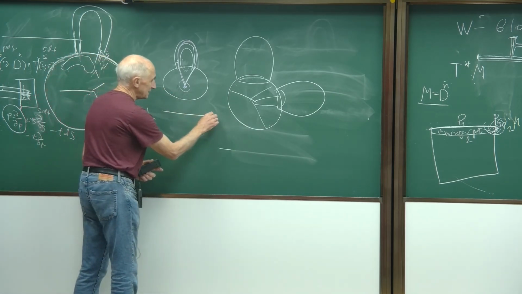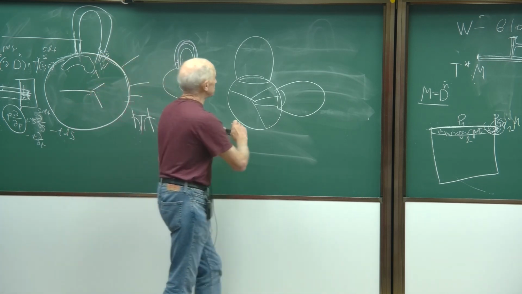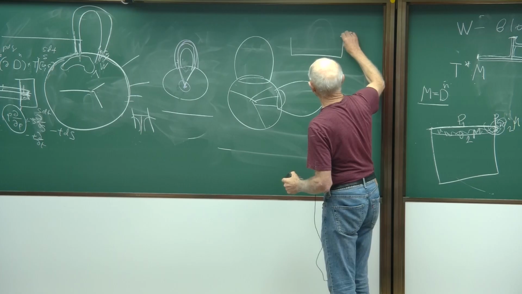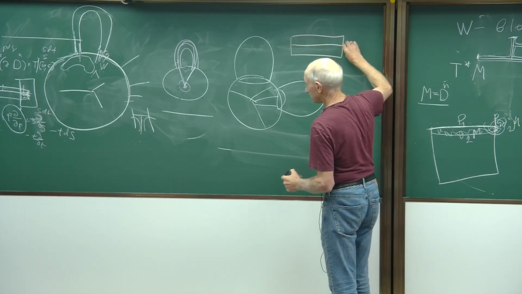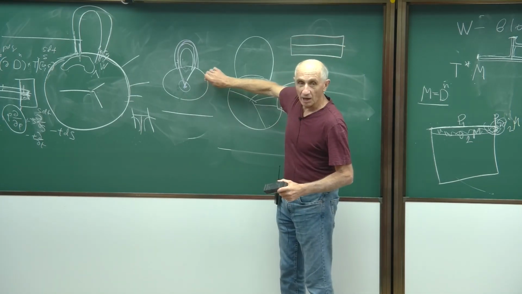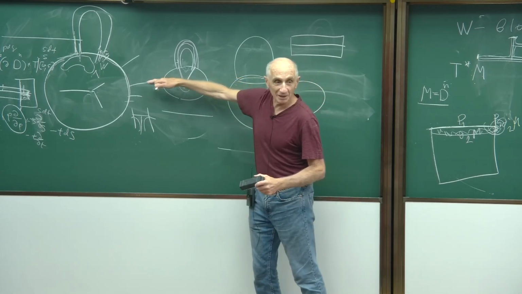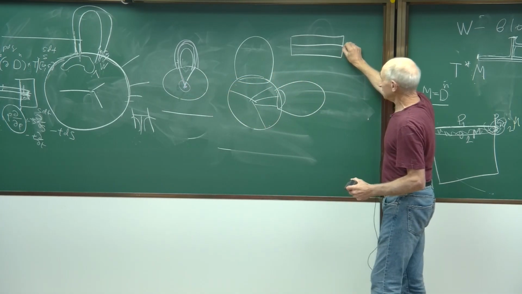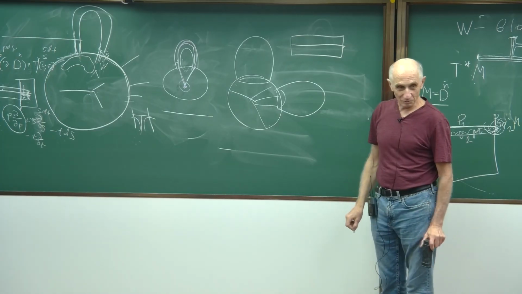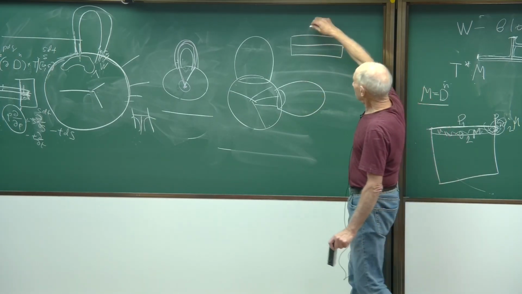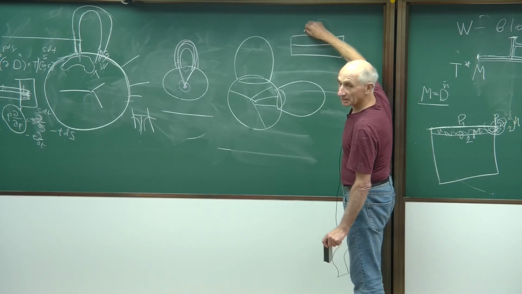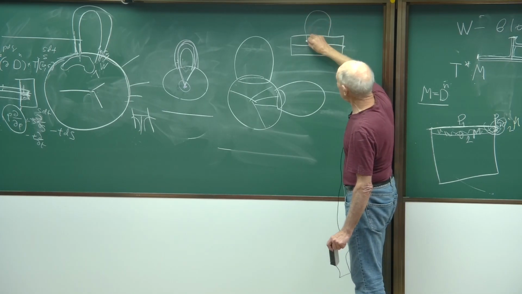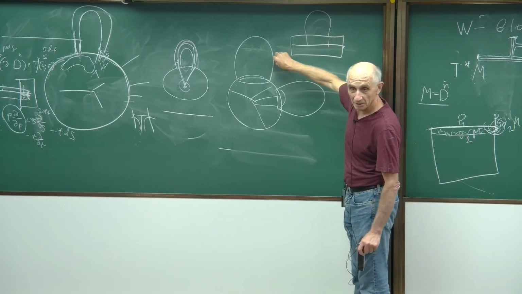Let's change our ball to the cotangent bundle of the disk. Now I want to think of this as a manifold with boundary. This was my object, and now I attach a handle. But now in this block my Liouville field is just p dp.